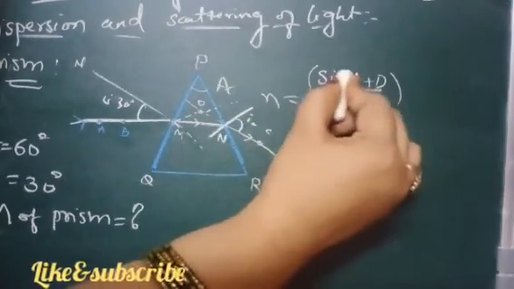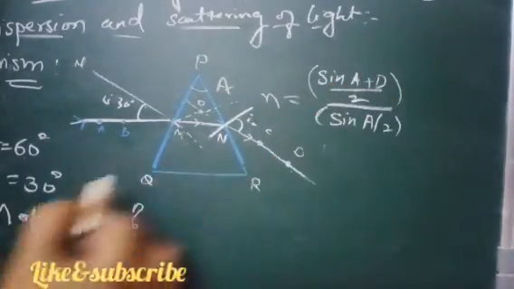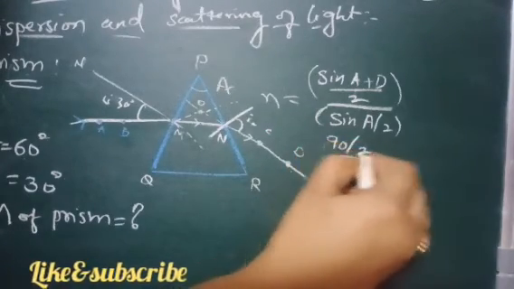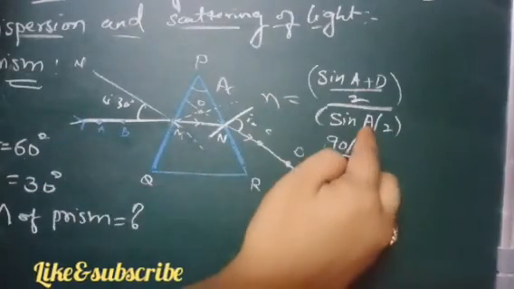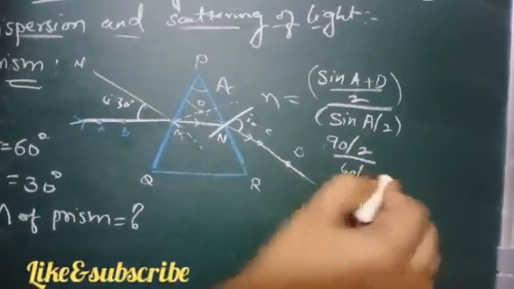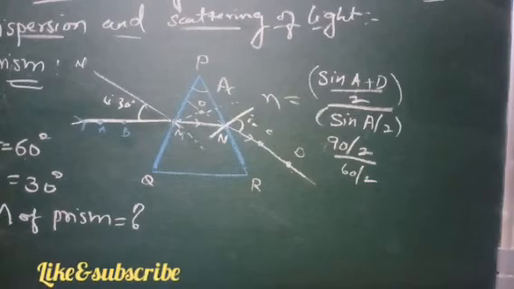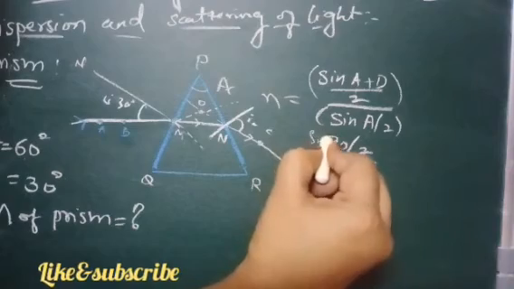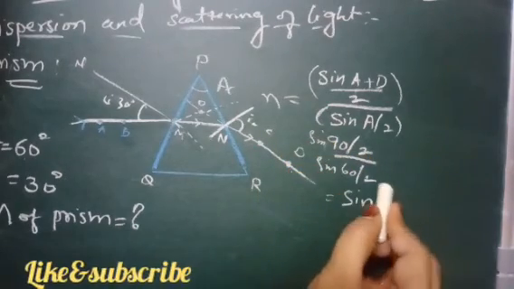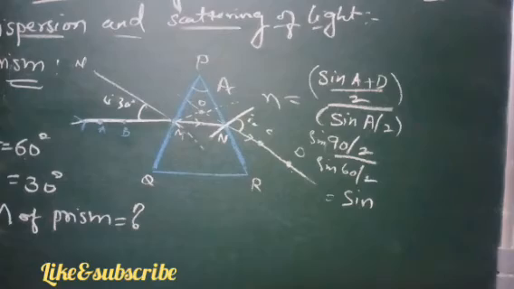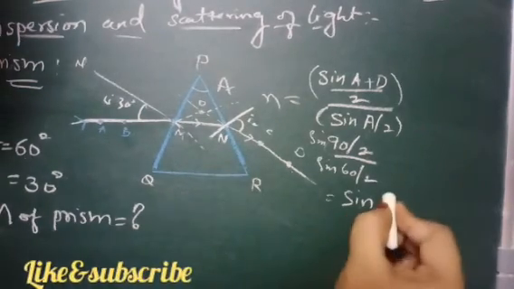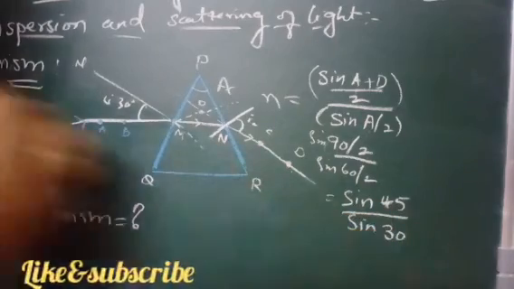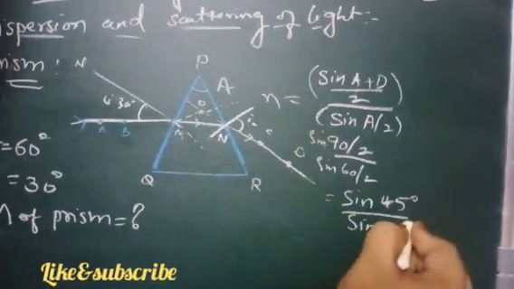We are substituting: sine of (60 plus 30), that is 90 by 2, divided by sine of 60 by 2. You must write this compulsorily, children. So what we will get here is sine 45 degrees divided by sine 30 degrees.